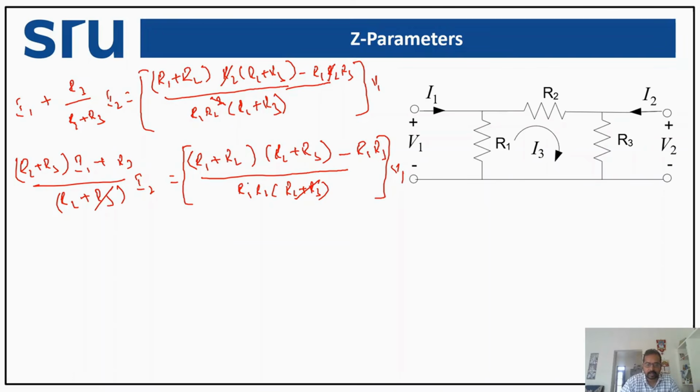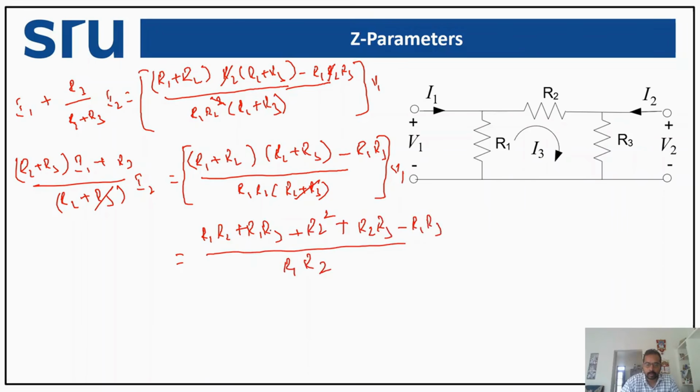Or let us rearrange this equation first. If you try to rearrange, we are going to get R1 R2 plus R1 R3 plus R2 square plus R2 R3 minus R1 R3 divided by R1 R2. So this R1 R3 gets cancelled.